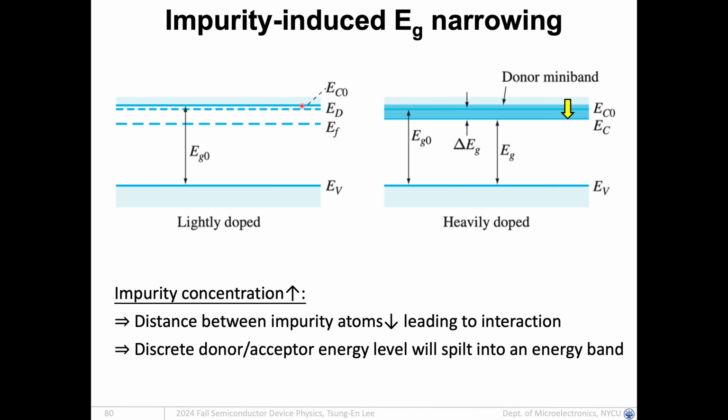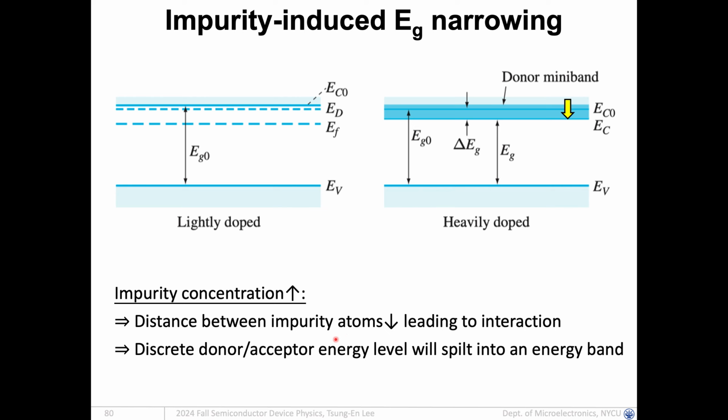One more concept is that once a lot of electrons occupy the conduction band, they can start to interact. It is no longer discrete donors. It becomes continuous, with interaction between atoms, because the electron concentration is too high.